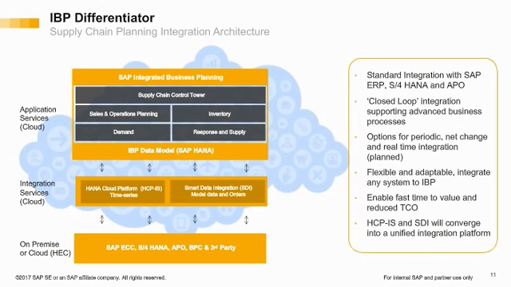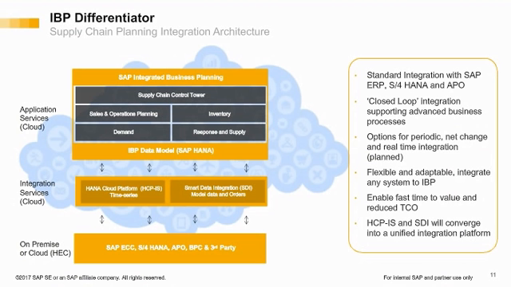Getting into more details that altogether make the solution unique in the market, we should talk about advanced integration capabilities ensuring all benefits from the value chain. Standard integration with SAP ERP and S/4HANA and APO. Closed-loop integration supporting advanced business processes.